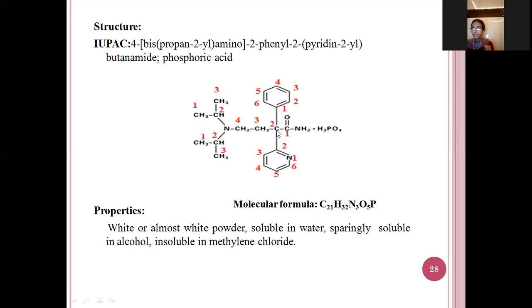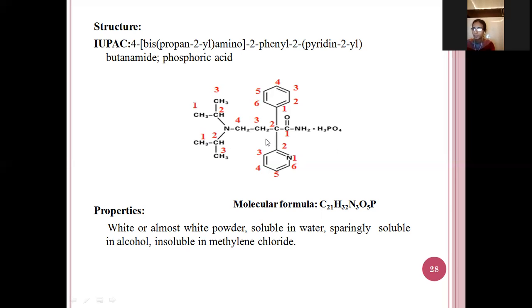In the second position, phenyl group, and in the second position, the pyridine structure is there. This pyridine structure is attached through its second position to the carbon atom, so it is pyridin-2-yl. And in the fourth position, two propane groups are attached, this propane's second position attached to the fourth position of the butane. So it is propan-2-yl amino and phosphoric acid.